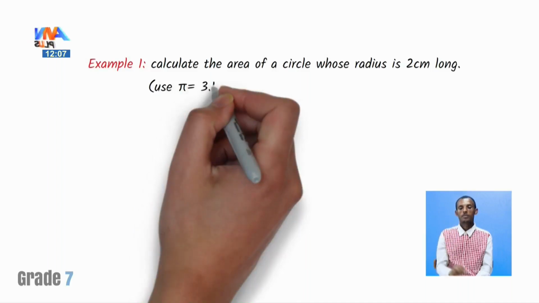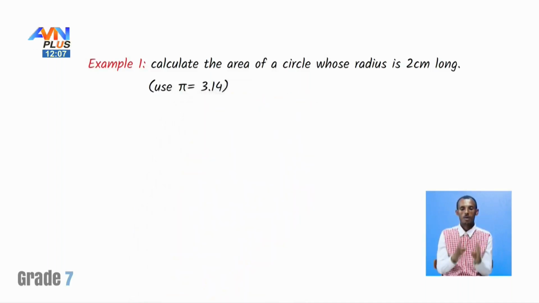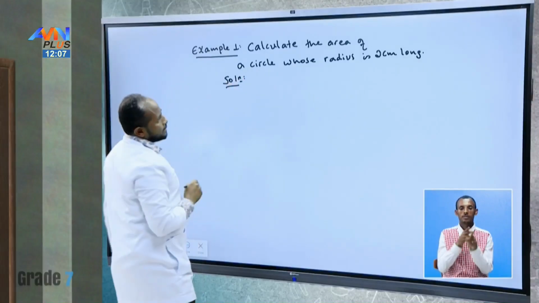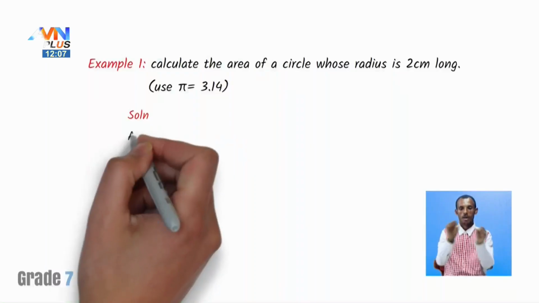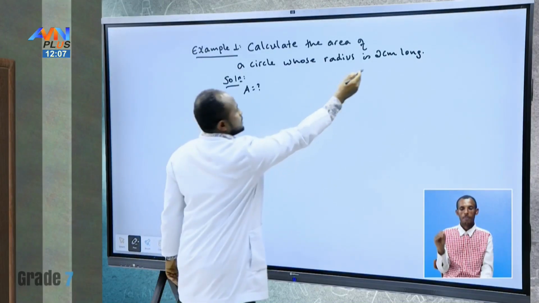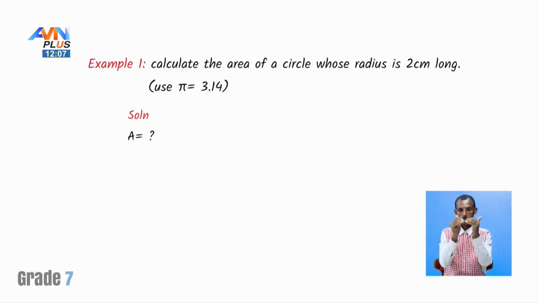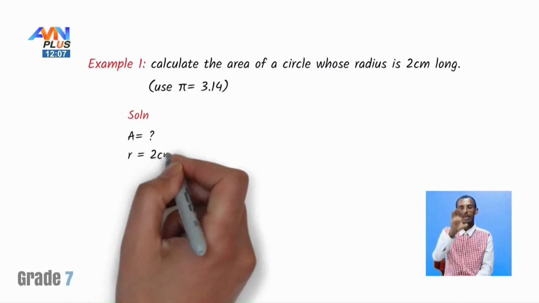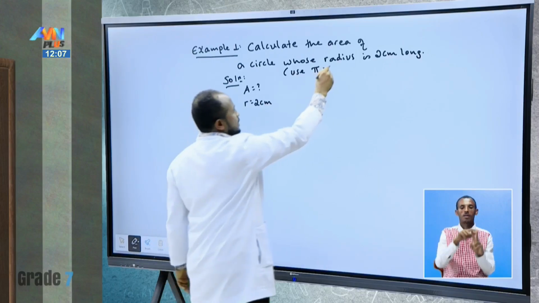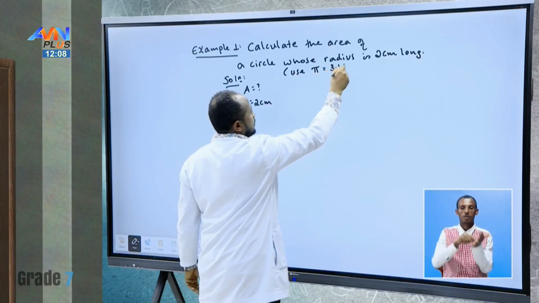Okay, now let's see this together. Here, we are asked to calculate the area of the given circle, and the radius is given to be, here it is, 2 centimeters. Here, use pi to be 3.14.